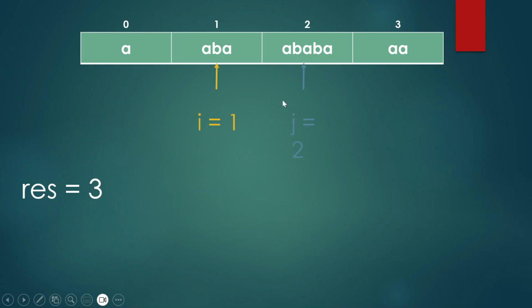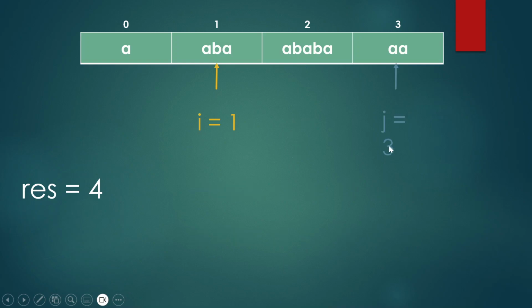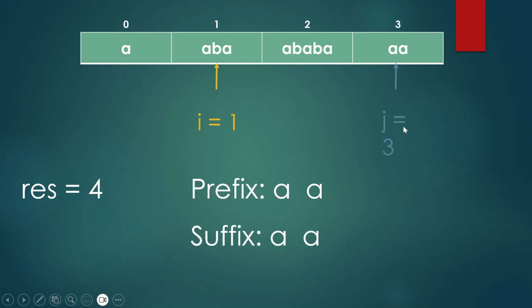So we will initialize i equal to 1 and j equal to 2 here. And for this we can see that ABA is a prefix and ABA is a suffix of this word. So we have to increment by 1, and now we have to increment the j value by 1.